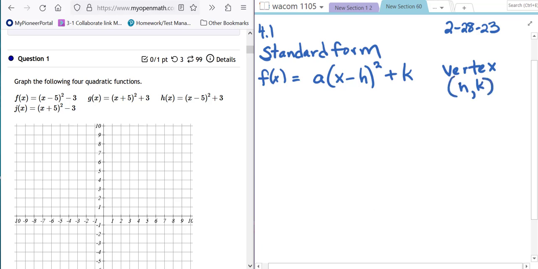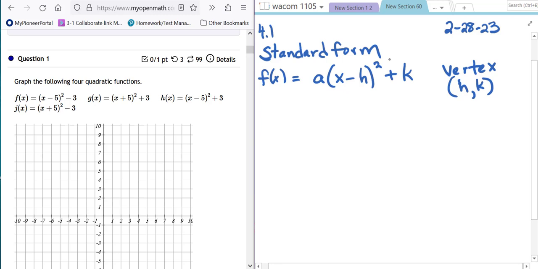Now, if we're not in this form, later on in this section we'll use a formula for the vertex. It's too much work using complete the square to go back to this form, so we use a formula instead. To graph a parabola, you need to know that it's symmetric and know the vertex.